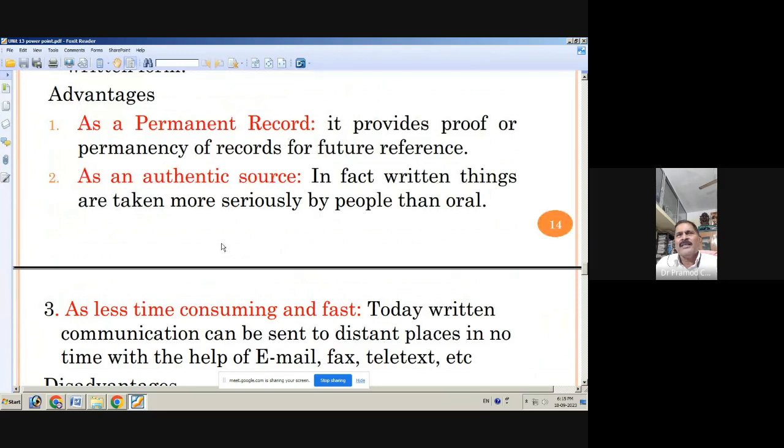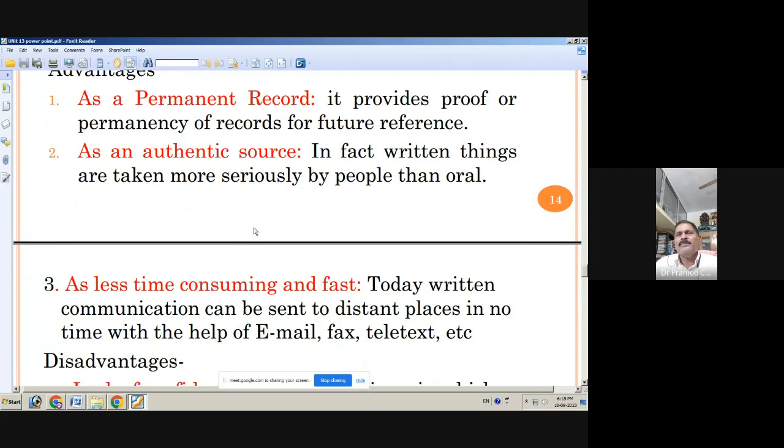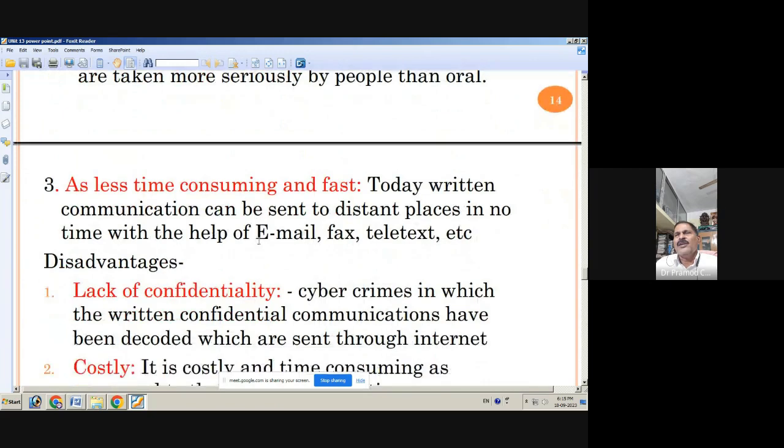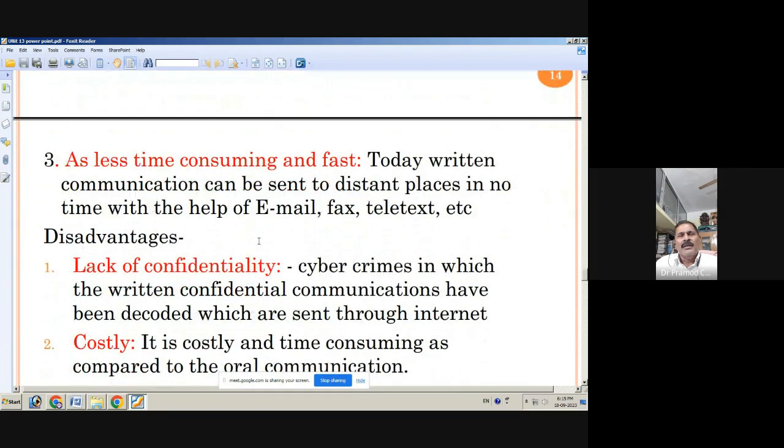Another thing is that it is very authentic by nature. Written things are always taken more seriously by people than oral. And sometimes we say that written communication is now very fast, because the notification given today will also reach the person concerned today.